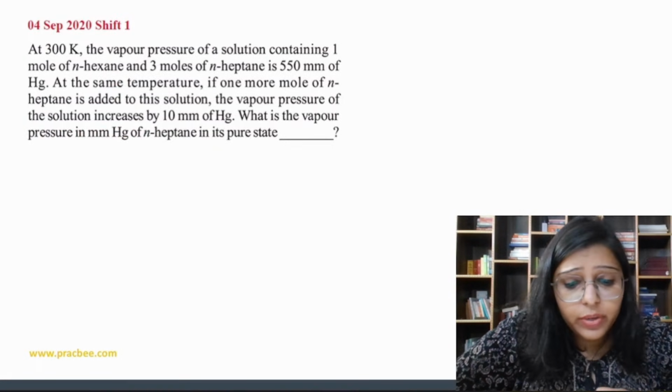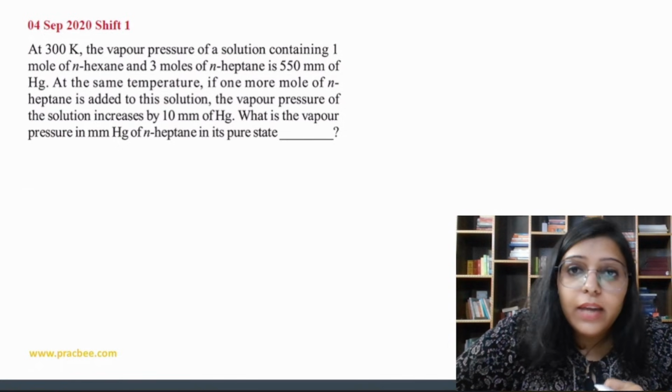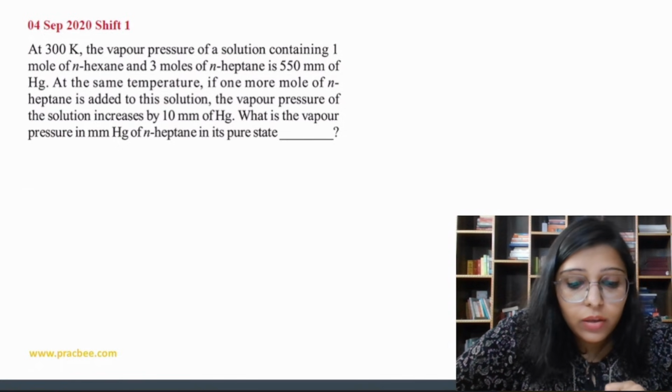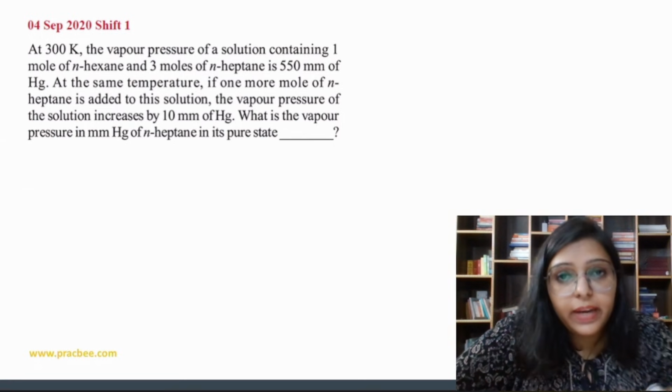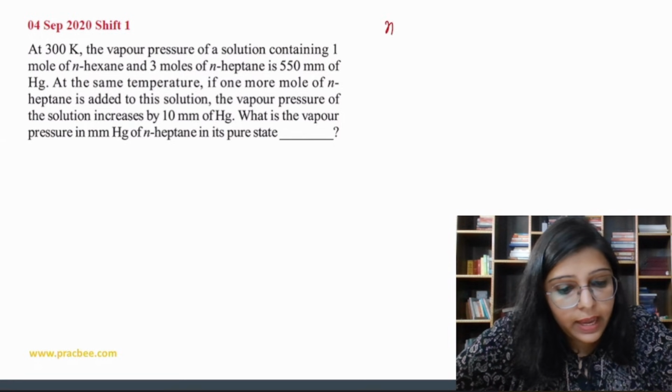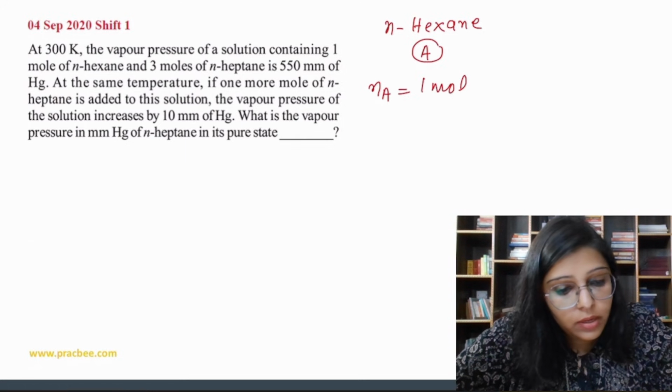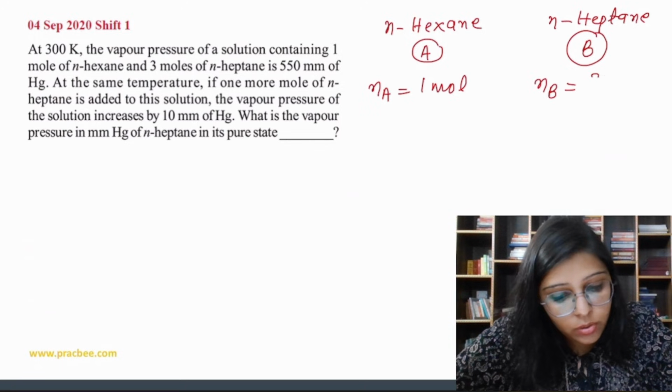Now let's do the next question. The question says, at 300 Kelvin, the vapor pressure of a solution containing 1 mole of N-hexane, I am taking hexane as A. So the number of moles of A is equal to 1 mole. And then N-heptane, I am taking as B. So the number of moles of B is equal to 3 mole.